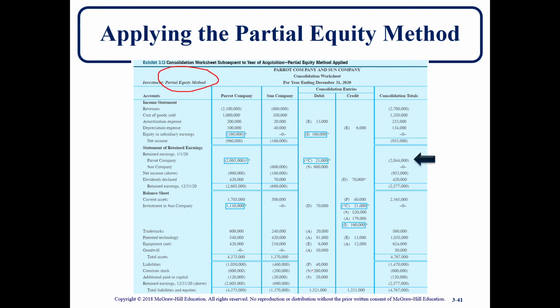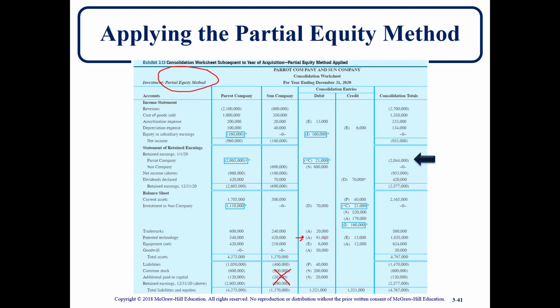And then we have, once again, our entry S. Entry S is to eliminate Sun Company's equity. So the same as we've done with the equity method. We have our entry A, which was to adjust Sun Company's book values to fair market value. We went over how we calculated the 91,000 in previous slides.